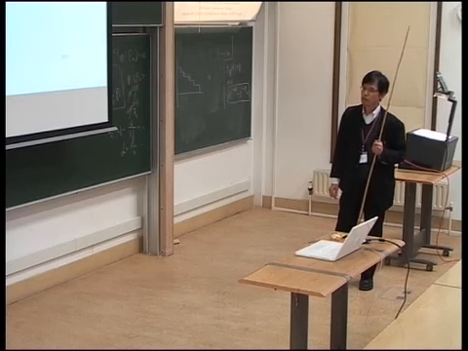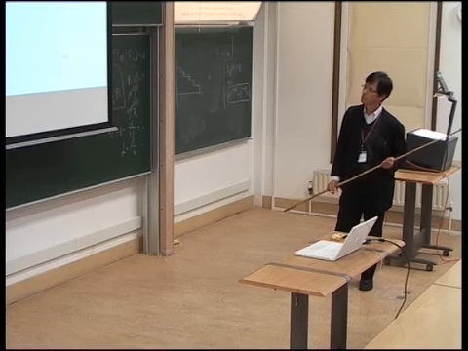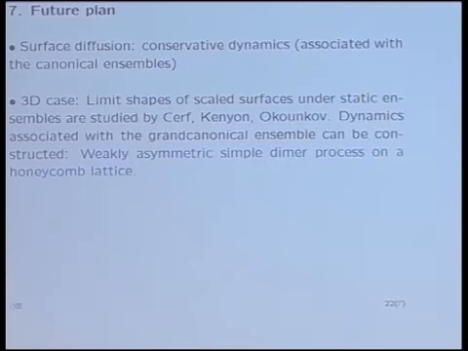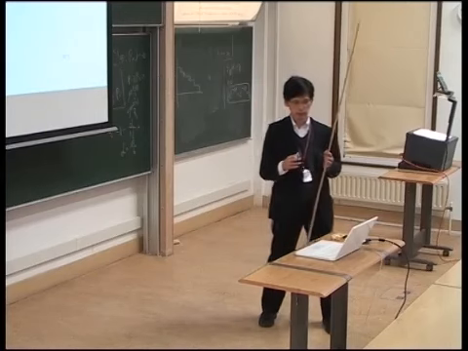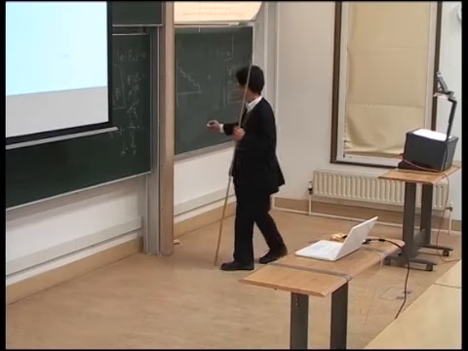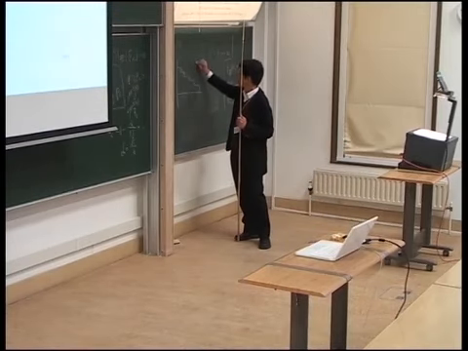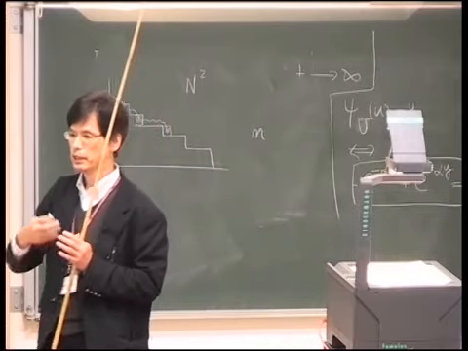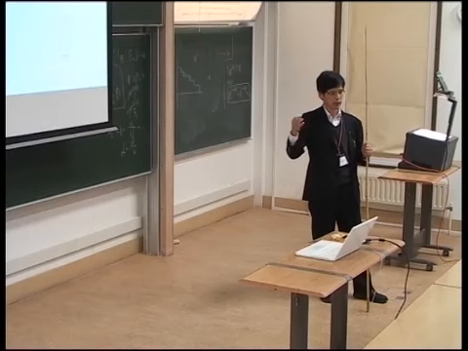So we extend the Varadhan method for the non-gradient case. I cannot explain in detail, but the non-gradient case means that under the hydrodynamic limit you have always some n square. So you change time t to n square t.